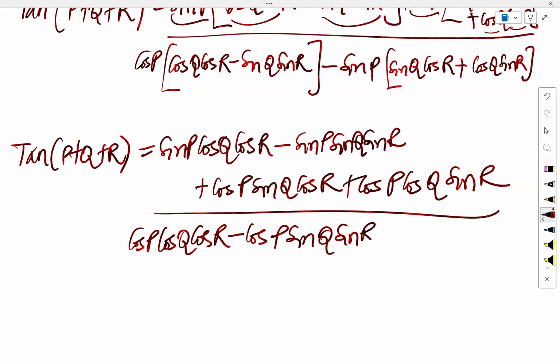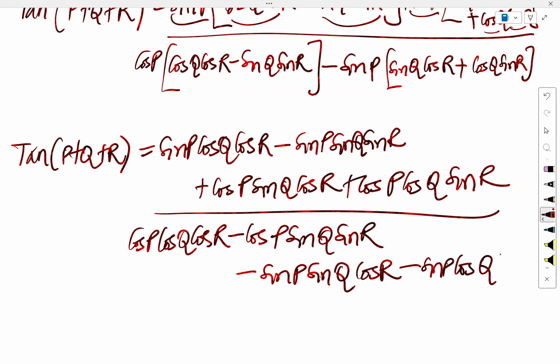And then here now, let me bring it down, minus sine P sine Q cos R. And lastly, minus times plus is minus, so minus sine P cos Q sine R.